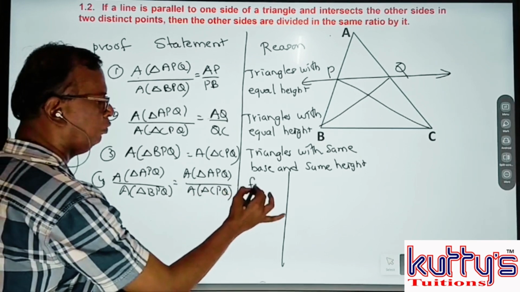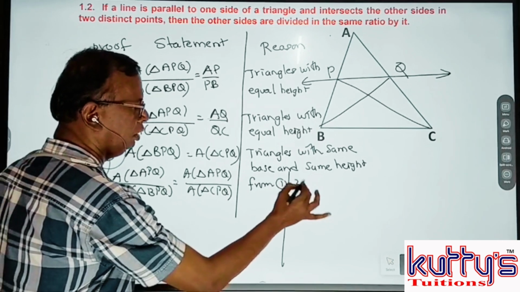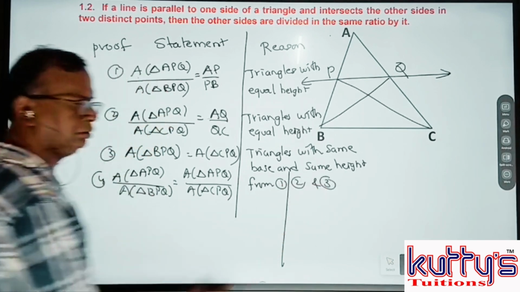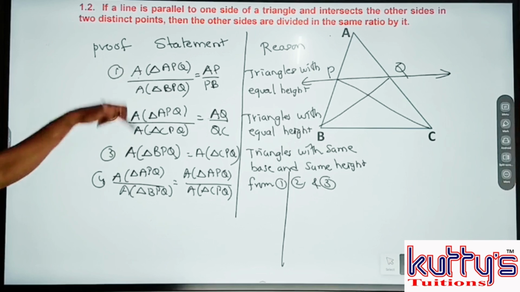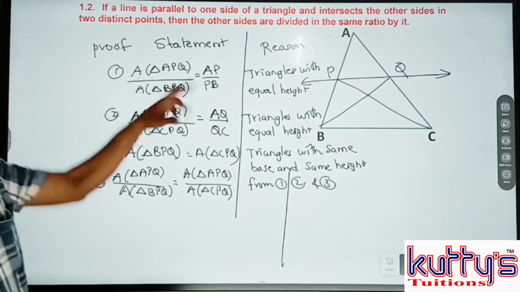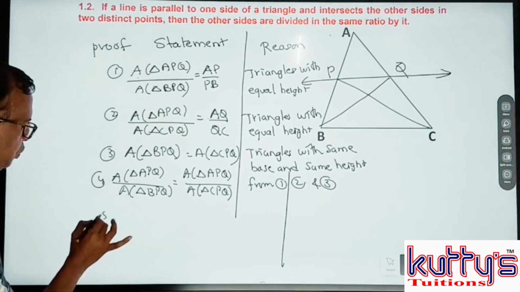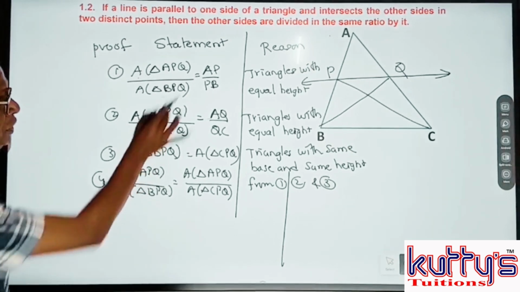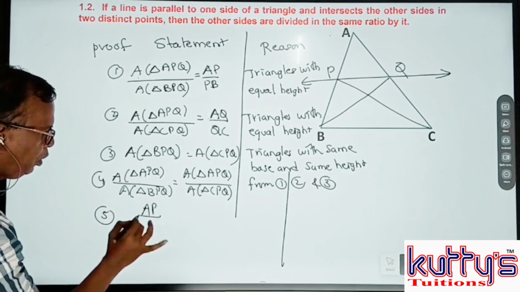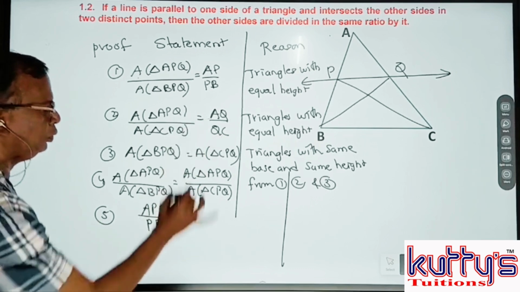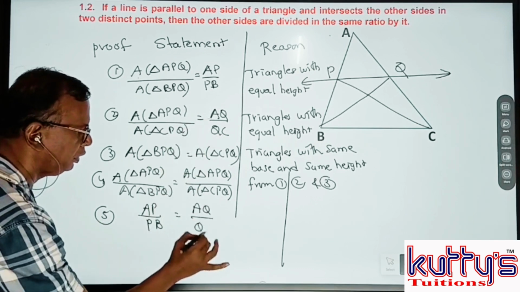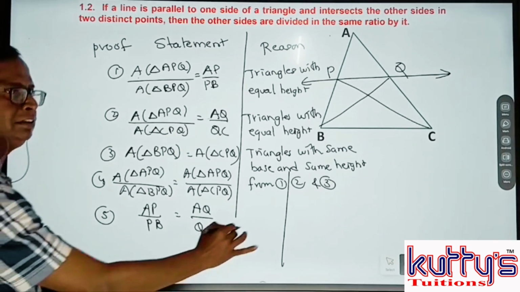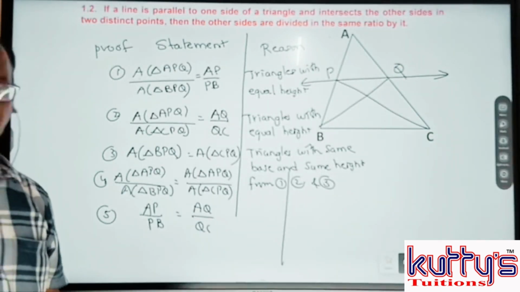What is the reason we write here? From 1, 2 and 3, right? If the ratios are same, the left hand side is same, so the right hand side is also same. So we can say AP upon PB is equal to AQ upon QC. Understand? Hence, the theorem is proved.